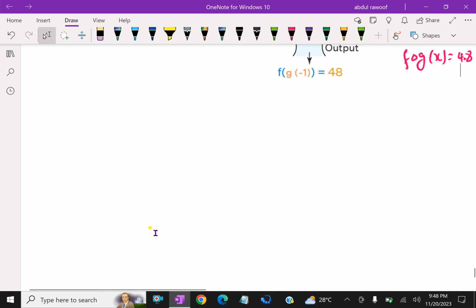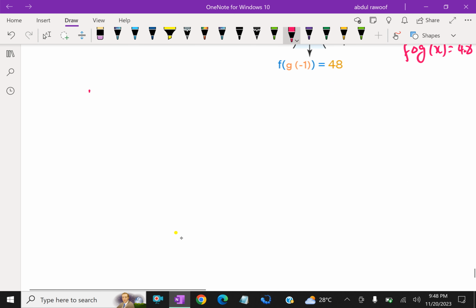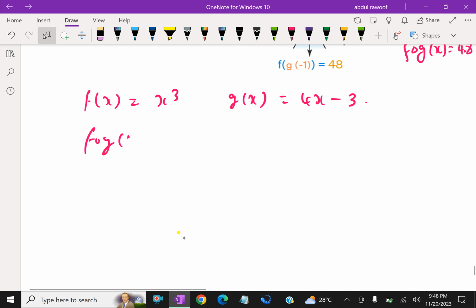Let us do some example problems so we can understand this concept clearly. For example, here f of x is x cube and g of x equals 4x minus 3. What is f ∘ g of x, which means f of g of x?